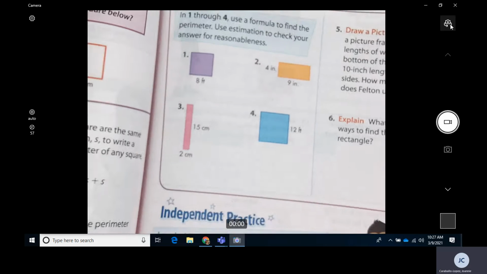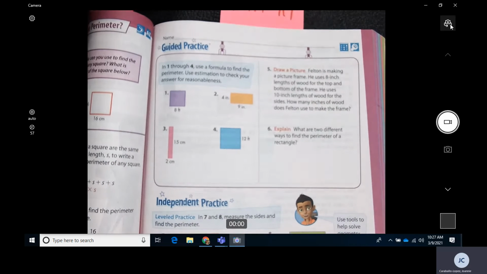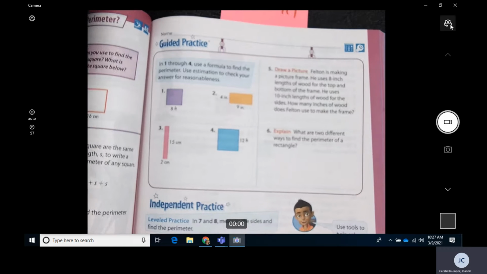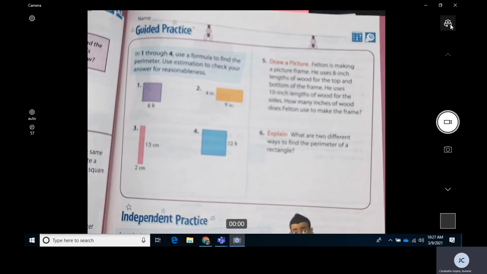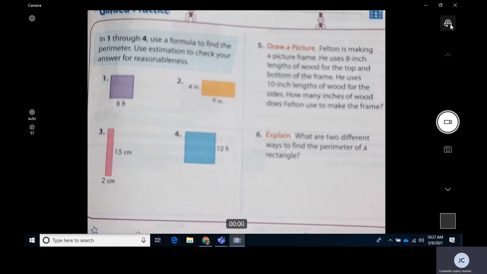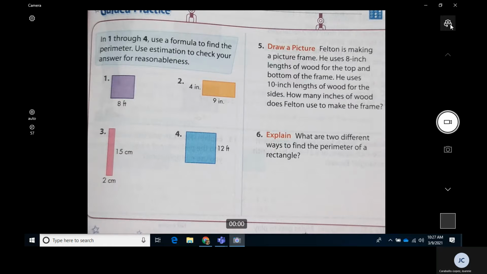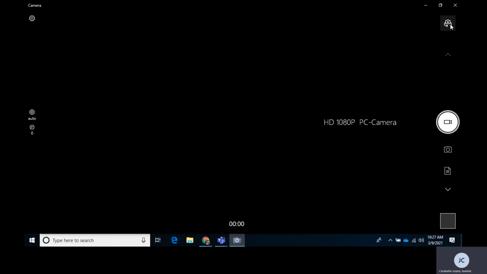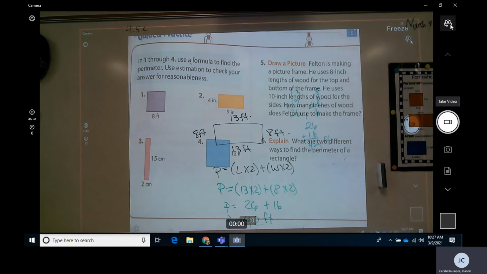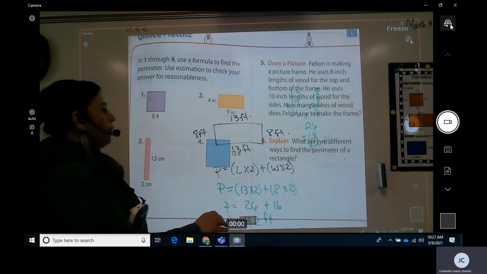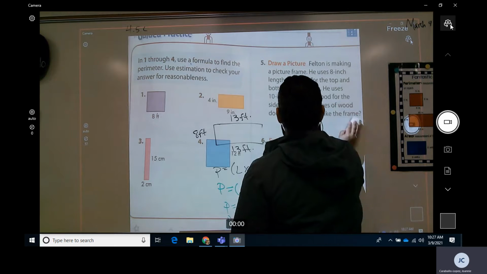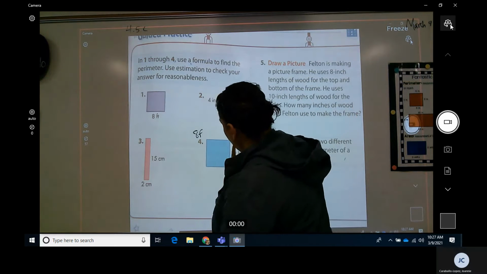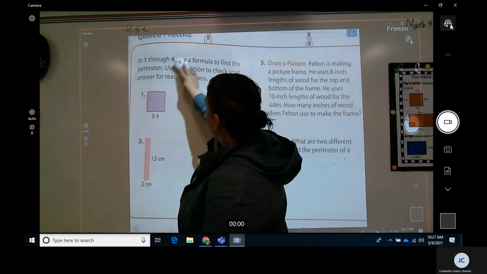So we are working out of Envision books, page 705. Give me a thumbs up when you are there. Page 705, okay?